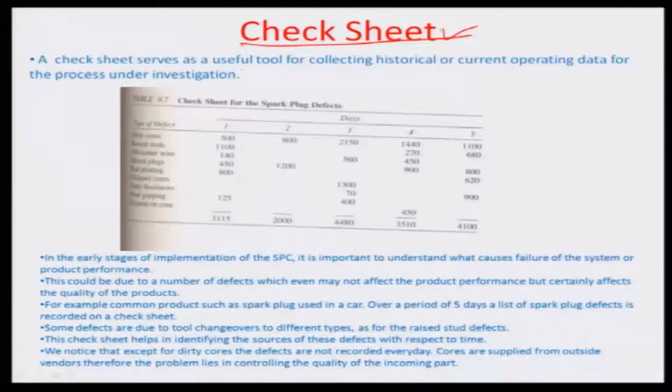The check sheet serves as a useful tool for collecting historical or current operating data for the process under investigation. I just mentioned the automotive shops. In an assembly shop, a check sheet is really the mother of all history of the production of the vehicle.